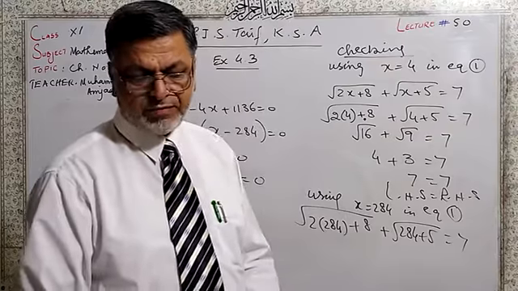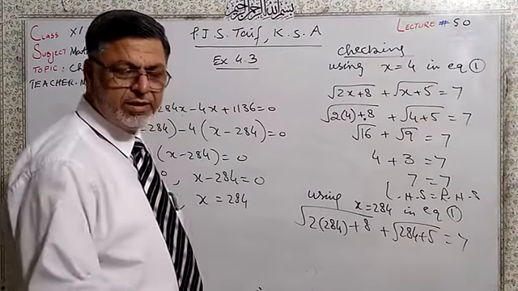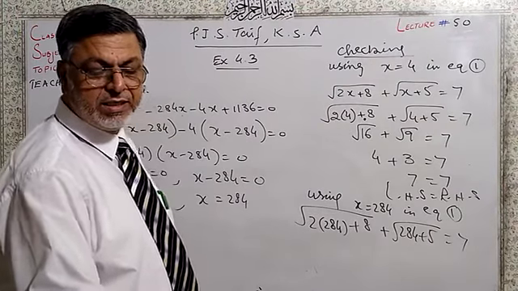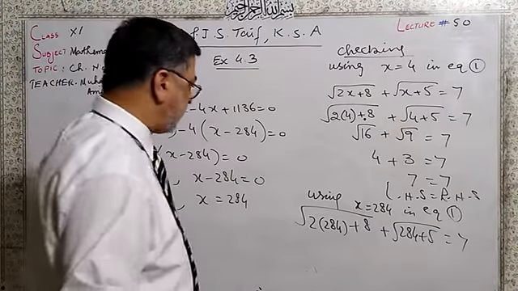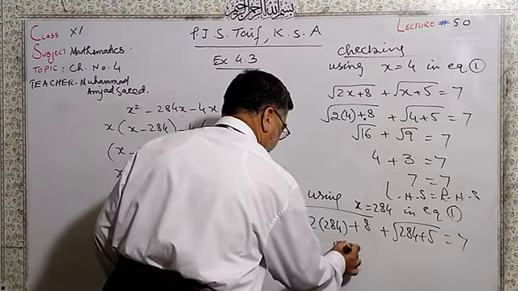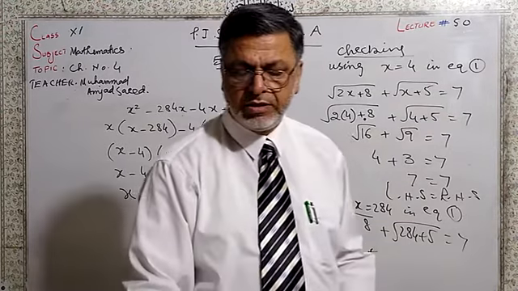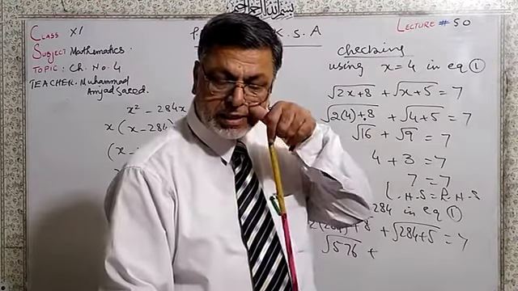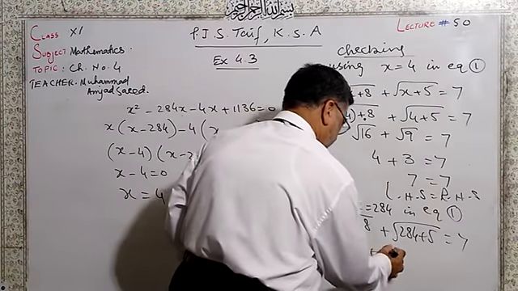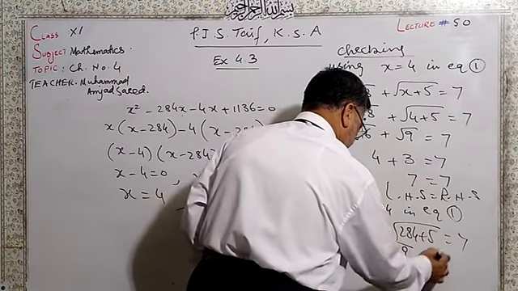Dear students, after multiplying and adding this, it will be 576. This one is 576 under root, and the second one is 289 under root. That is equal to 7.